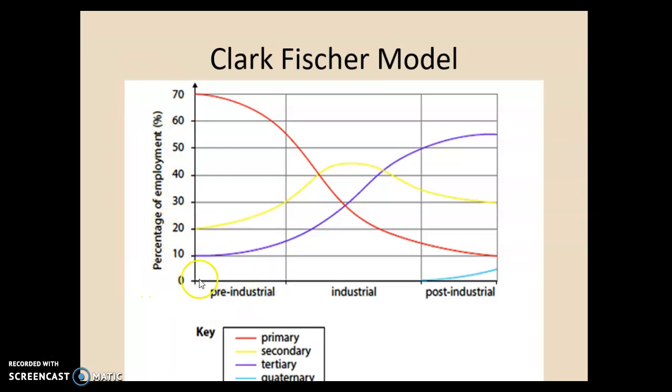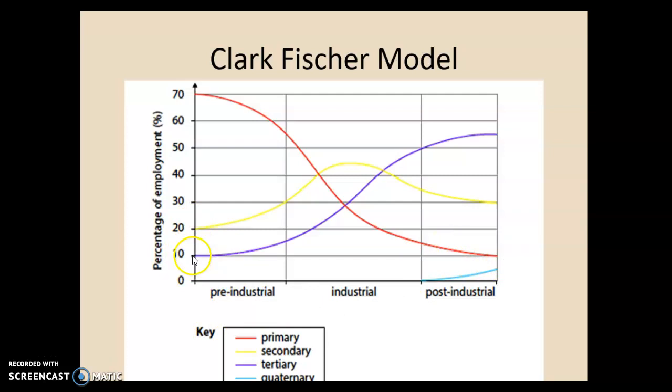So in a pre-industrial society, which is what we're looking at now, most people, as we've seen, work in primary industry. And as we start to phase through pre-industrial into industrial, the people that work in agriculture, fishing, mining will start to decline, and then it will plateau out.